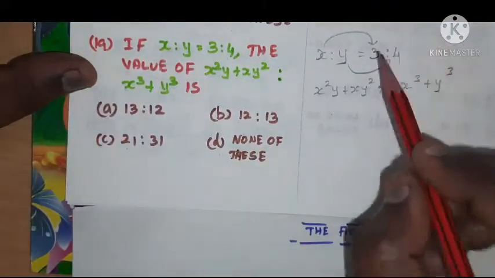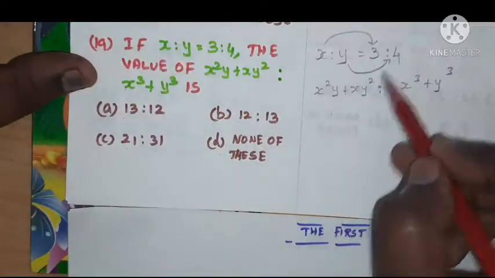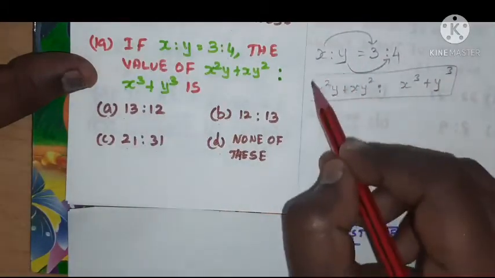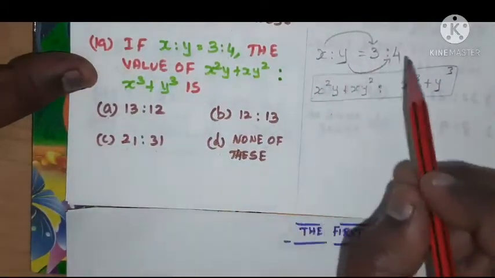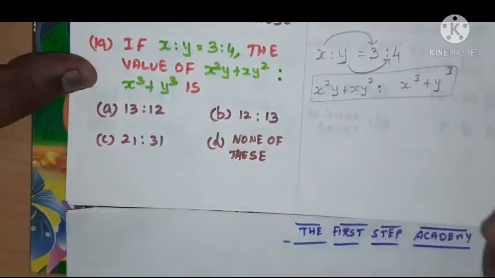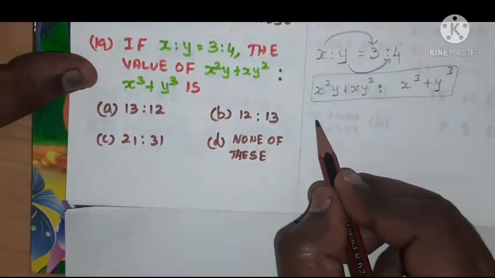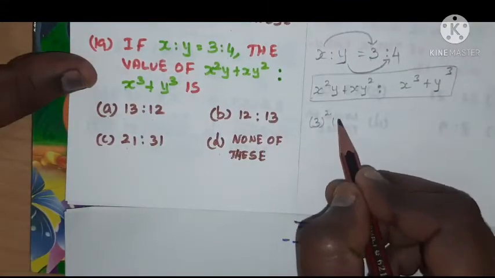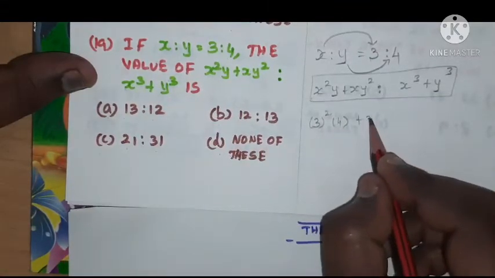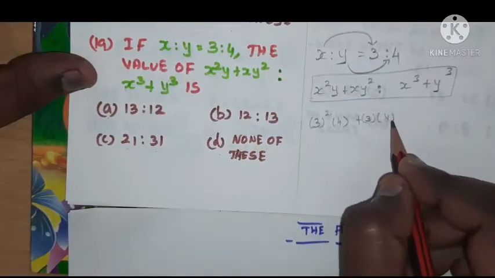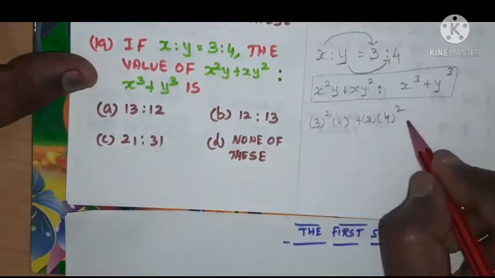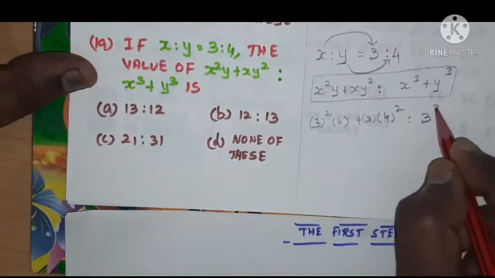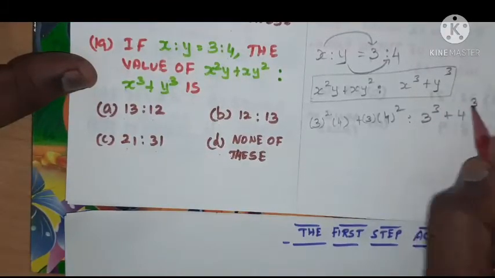Now simple thing, substitute the x and y values here, and we'll get the answer. What is x? x is 3. So 3 squared into y, which is 4, plus 3 into 4 squared, is to 3 cube plus 4 cube.